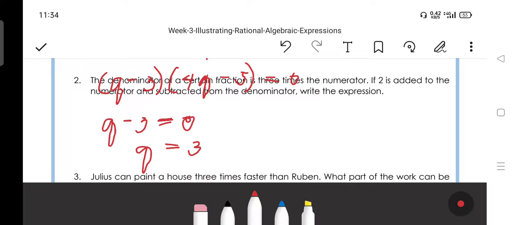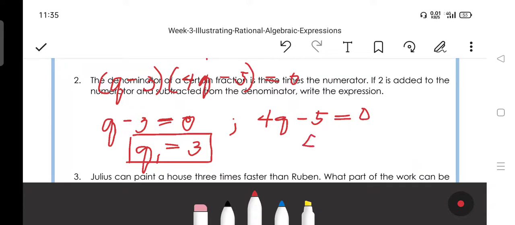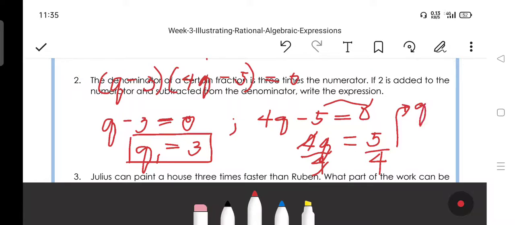Since there are two possible values of q, let's denote this as q sub 1. And another possible factor is 4q minus 5 is equal to 0. So we have 4q is equal to, transposing negative 5 to the right, 5. Then divide both sides by 4. So q sub 2 is equal to 5/4.